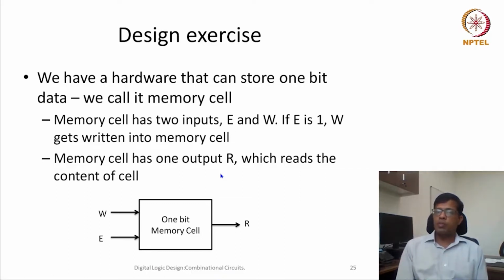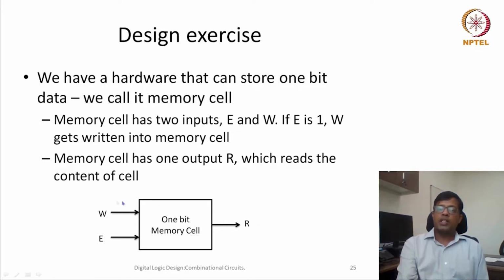So let's not go into the internal implementation of this memory cell, but there is hardware which can store 1 bit of data. How to read it? This memory cell will have one output R. R always reflects whatever value is inside. If the inside value is 1, then R will be 1. If the inside storage is 0, then R would be 0.